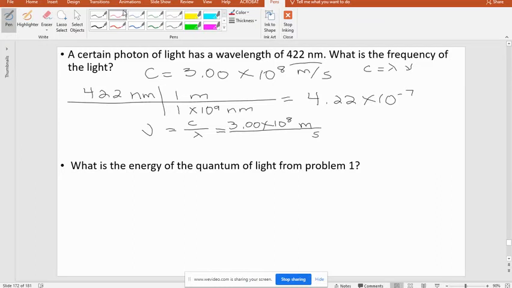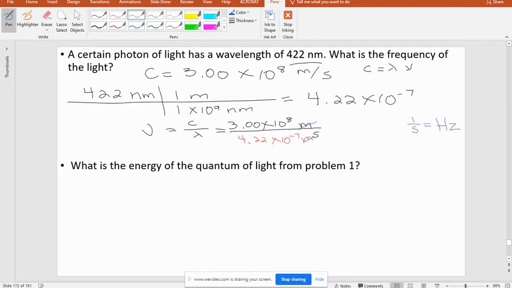And then I will put in this value for my wavelength, 4.22 times 10 to the minus 7, and that's going to be meters. So then my units will cancel. I can get my meters to cancel here. That's going to leave me with a value of 1 over seconds. And remember, 1 over seconds equals hertz.